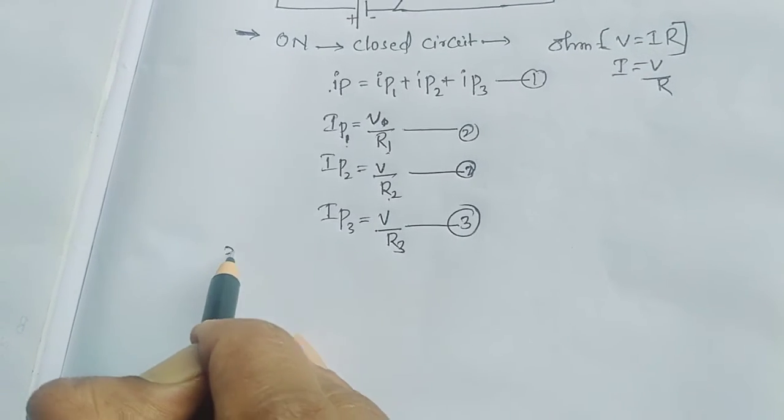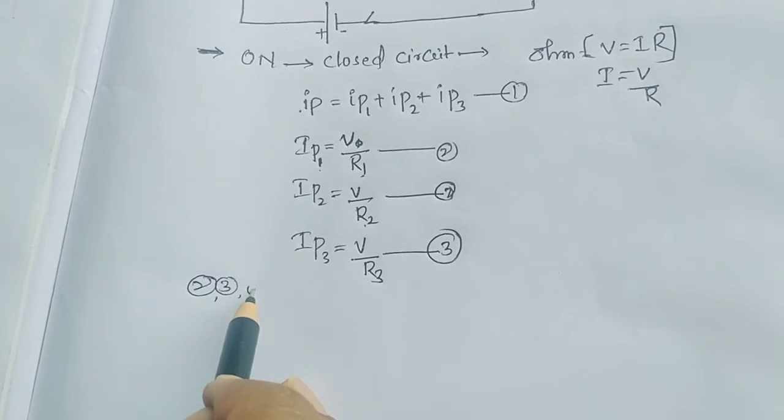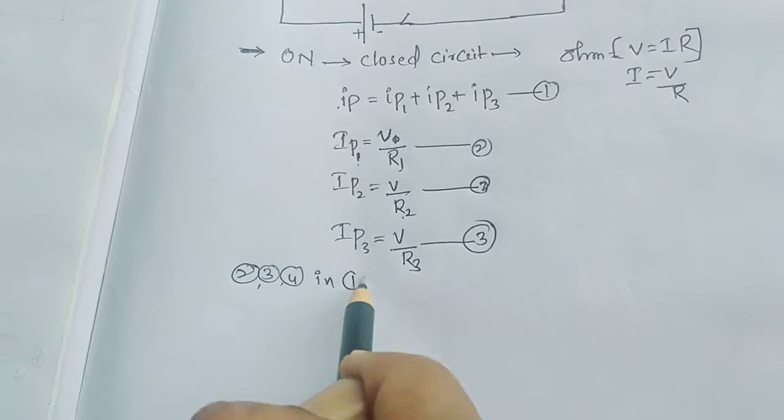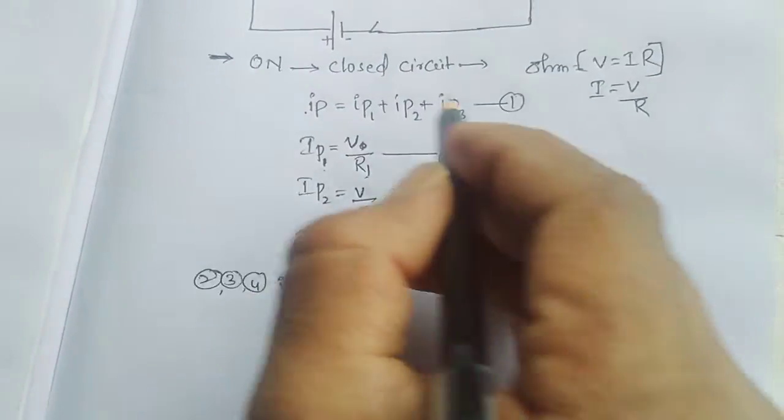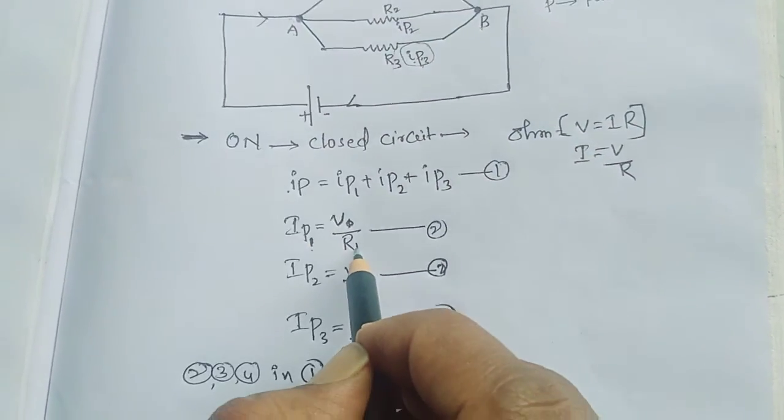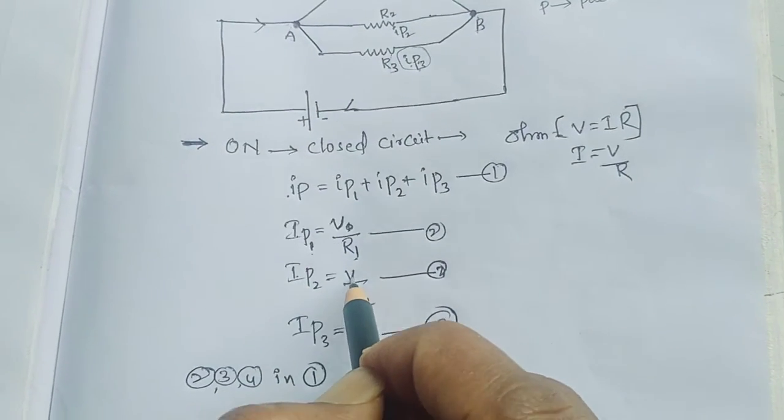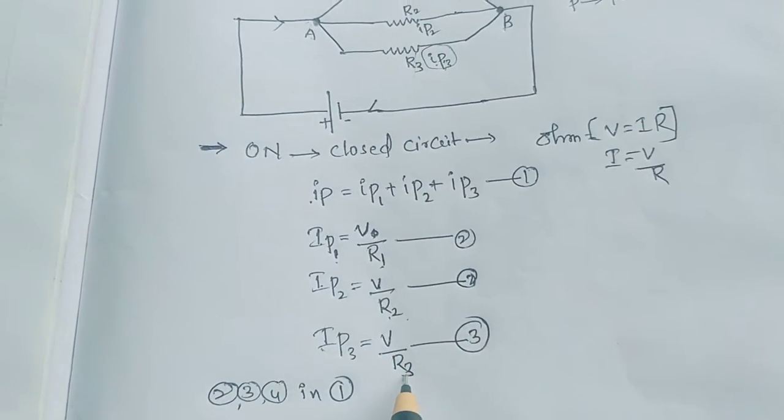So equations 2, 3 and 4 we are substituting in the first equation. IP1 is equal to V by R1, IP2 is equal to V by R2, IP3 is equal to V by R3.